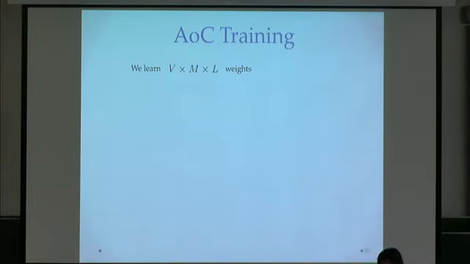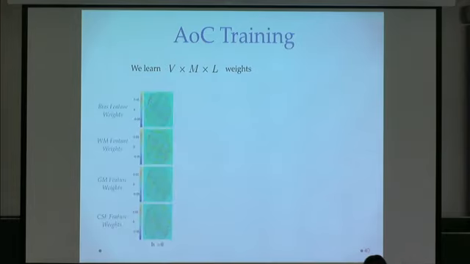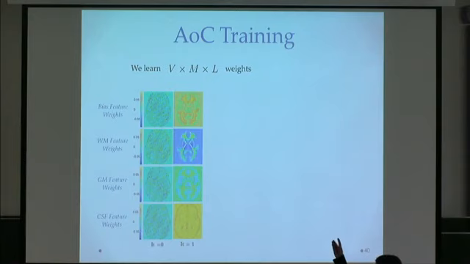How do we initialize the weights? Simply by white noise. So we start like this at the beginning, in the first iteration. After one iteration, this is how the weights look. You can see here the weights for the bias, the white matter, the gray matter, and the CSF.